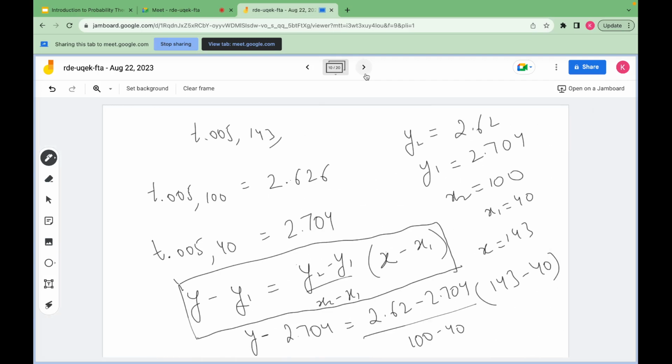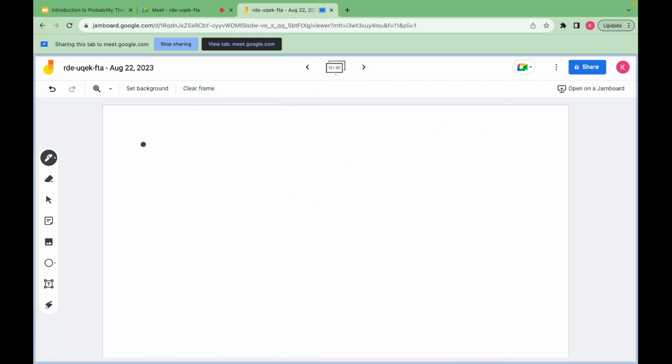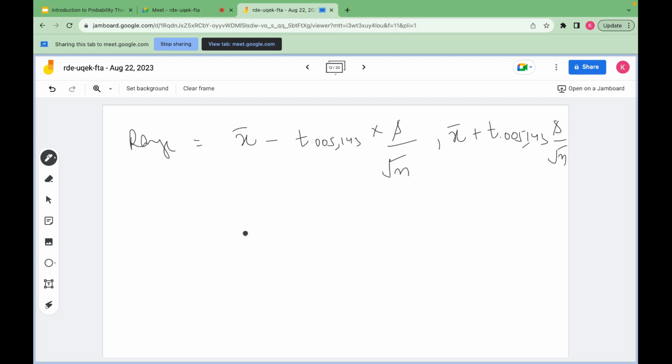Okay, so range will be x bar minus t.005,143 into s by root n to x bar plus t.005,143 s by root n.